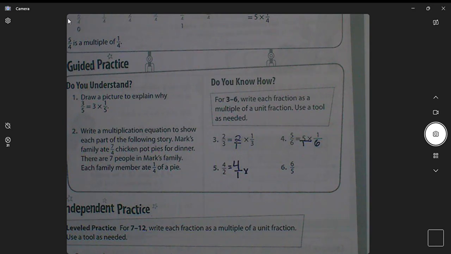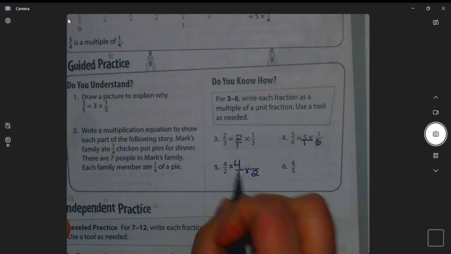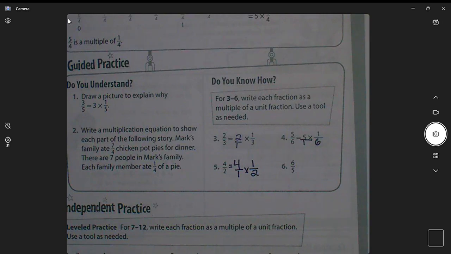What do I know is going to be my denominator, that bottom number? Oh, you are so smart. It's 2. And I know since it's a unit fraction, that unit tells me there's only one of it. So it's 4 times 1/2.